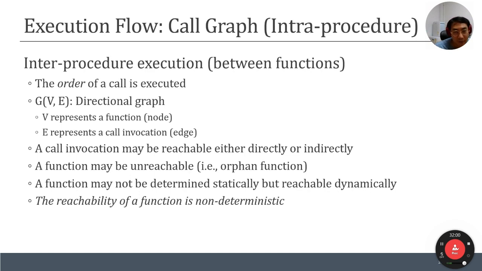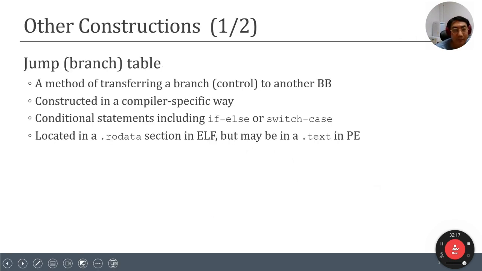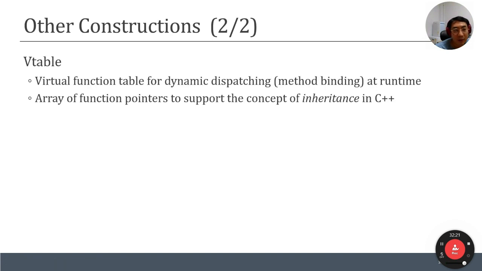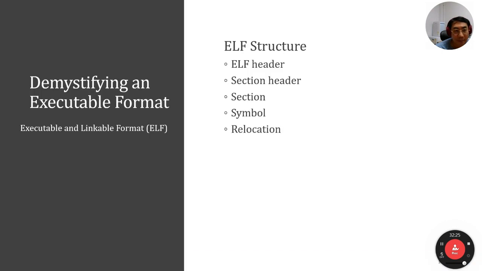Just like a control flow basic block, we may have an orphan function, and a function may not be determined statically but reachable dynamically, for the same reason, and we say that the reachability of a function is non-deterministic. There are other constructs like a jump table or v-table, but let me skip this part.